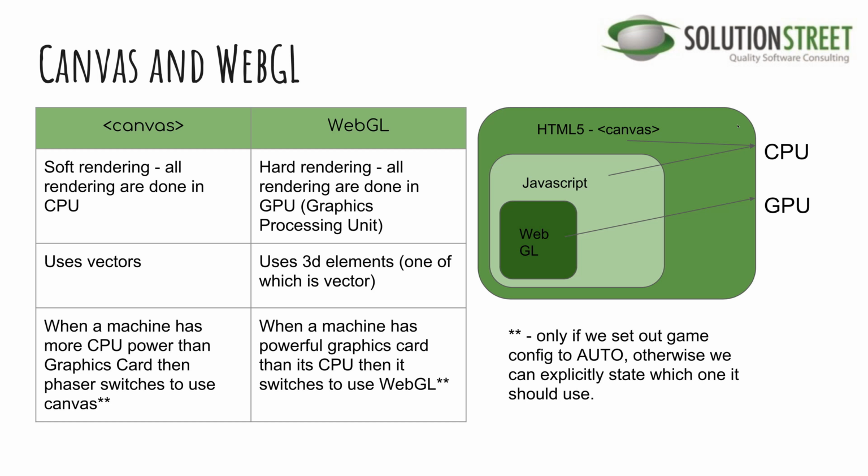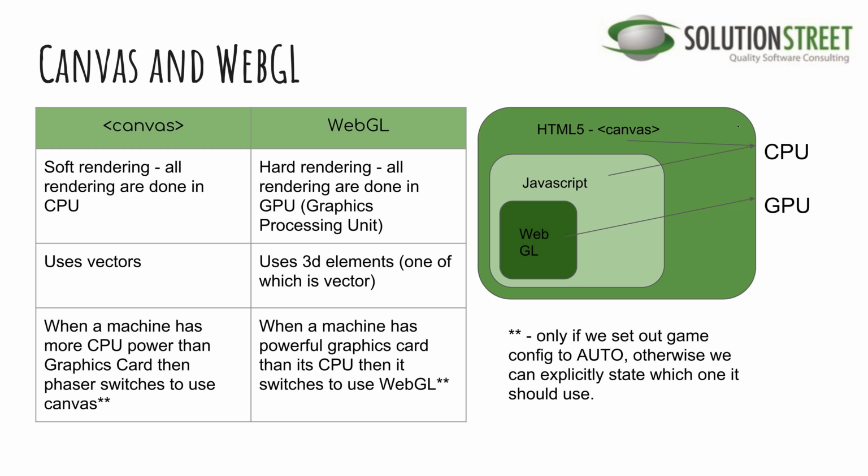On the other hand, when a machine has powerful graphics, let's say you have an Alienware that's specifically for gaming, not really for work, then it switches to using the GPU. Note that it's only if we set the game config to auto that you let Phaser decide.